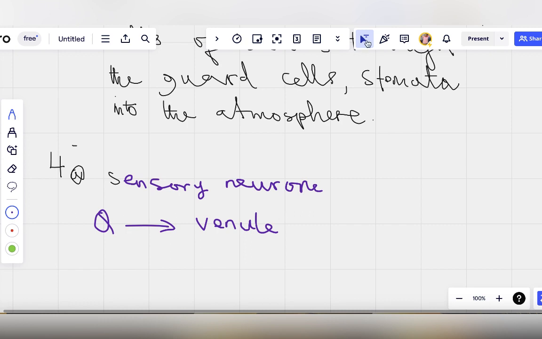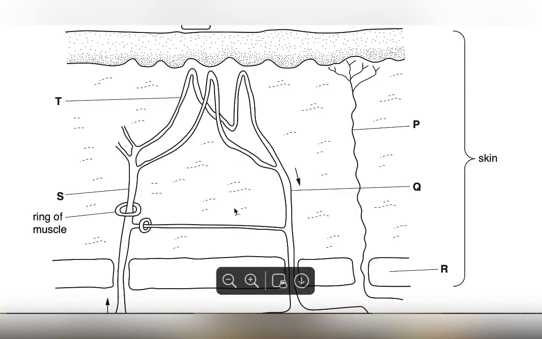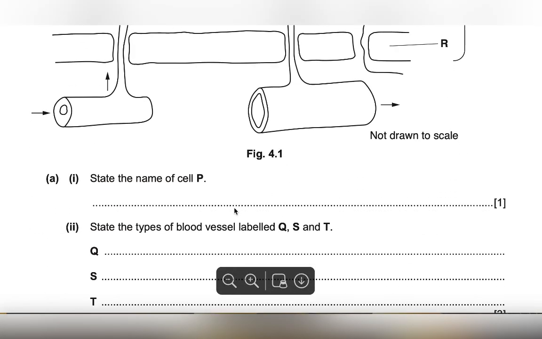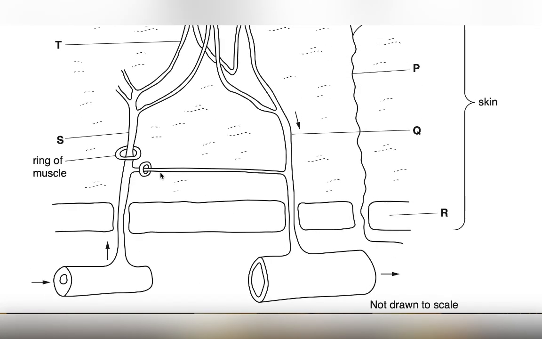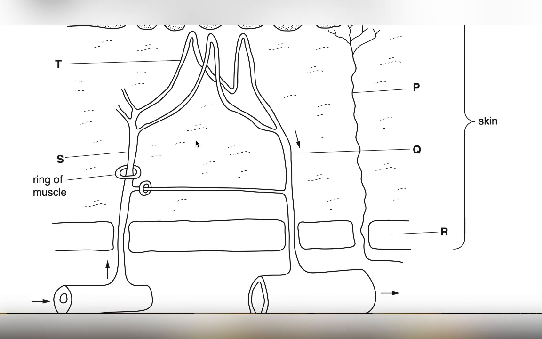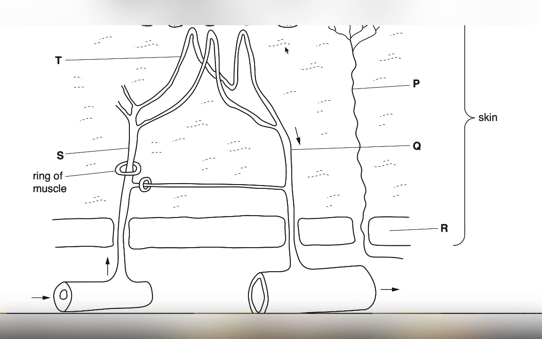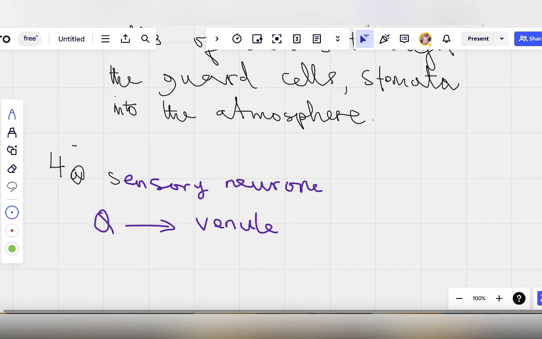Okay, let's see the next one. Let's look for S. S is an artery. This will be arteriole. The small part of artery that is going to the capillary is called the arteriole.